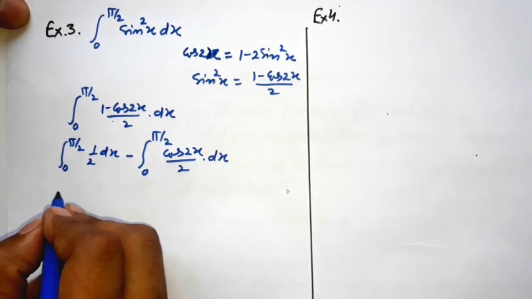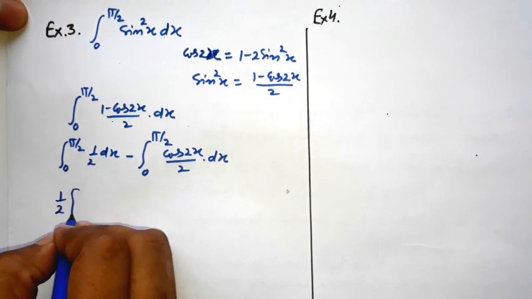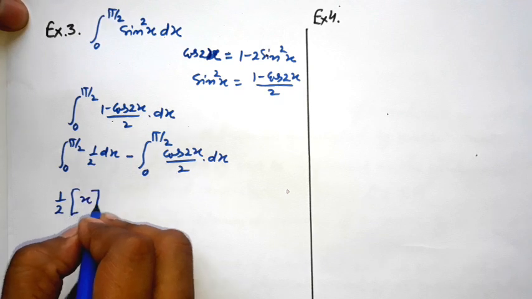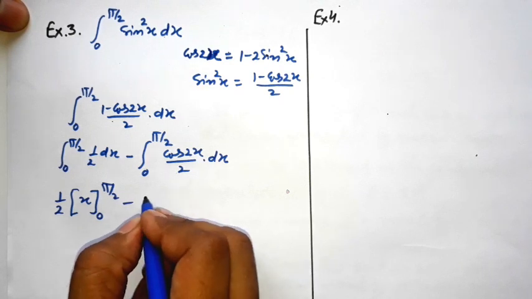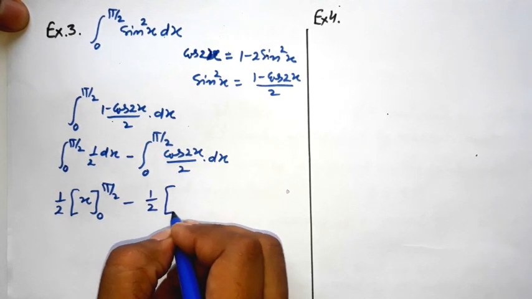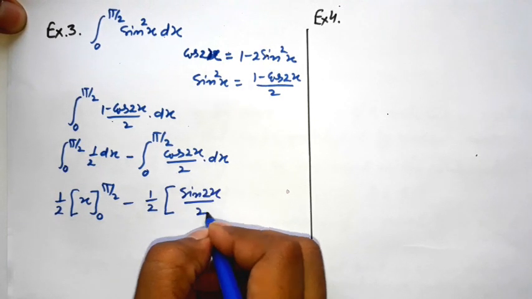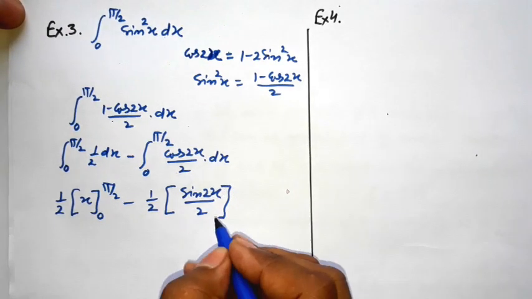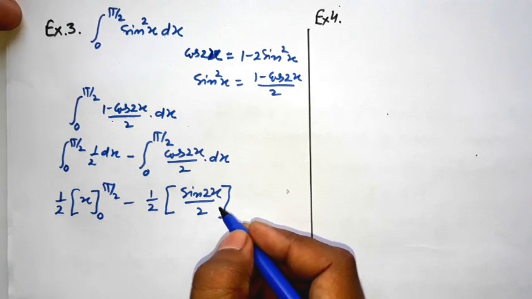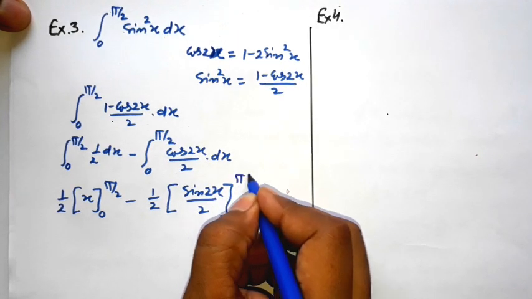So 1 by 2 is a constant term and the integration of dx is x, so this is x from 0 to pi by 2. Now the constant is 1 by 2, then integration of cos 2x will be sin 2x upon 2, because here we apply the formula integration of cos ax is sin ax upon a, so this will be sin 2x upon 2, limit 0 to pi by 2.